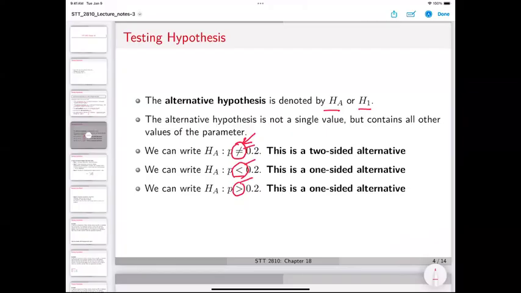So for example, if you see H naught with P greater than 0.2, this is incorrect because greater than is only for the alternative hypothesis. If you see H naught: P not equal to 0.4, this is incorrect because this is a null hypothesis and it can never be this.